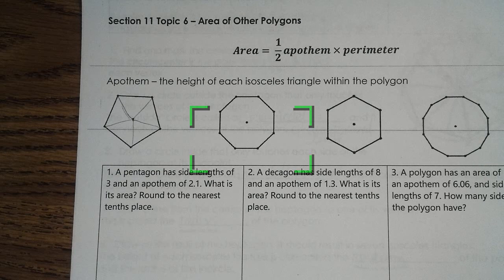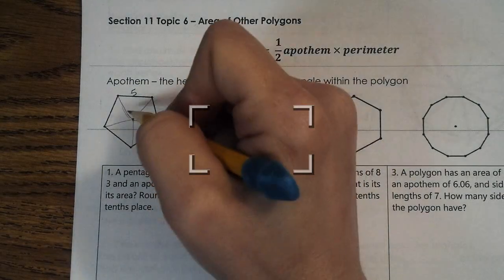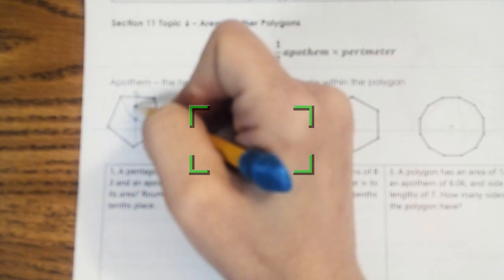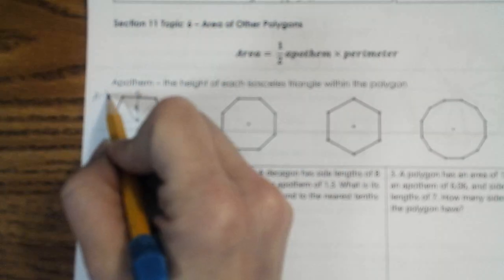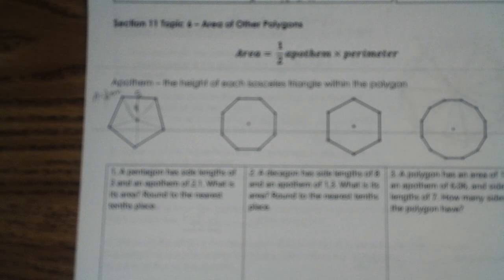I feel like you guys are pretty good with finding the area of a triangle. So let's say if I told you the base was 5 and the height was 4. You could use area equals 1/2 times the base times the height.